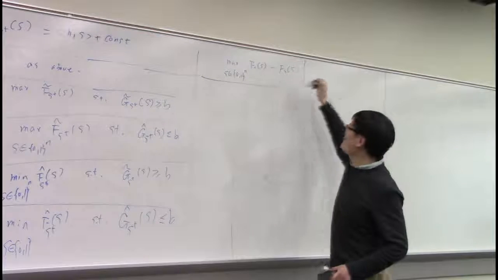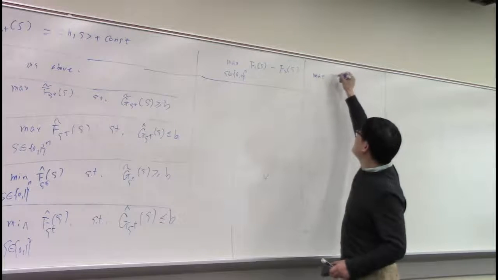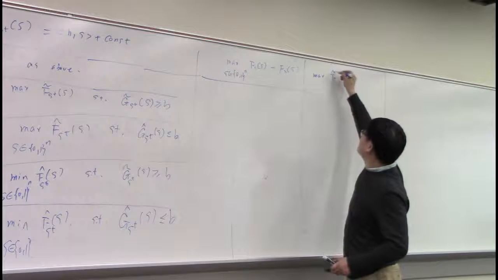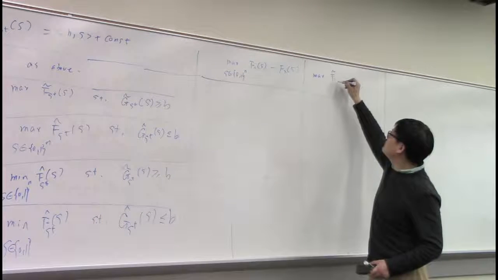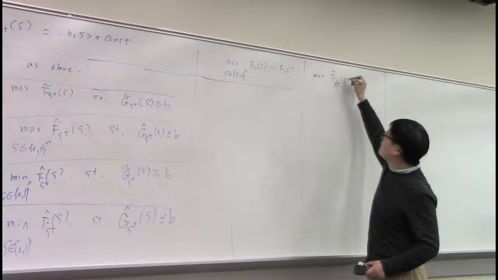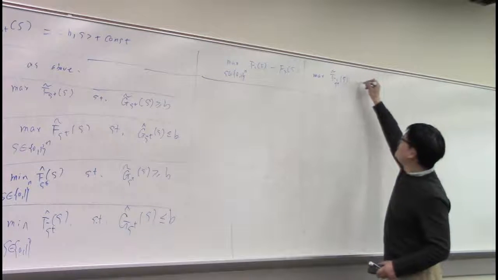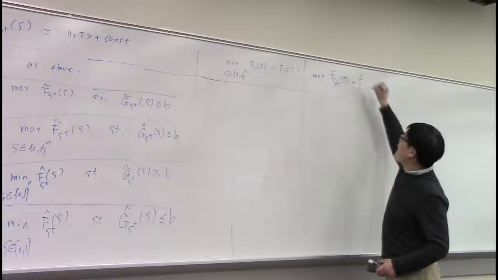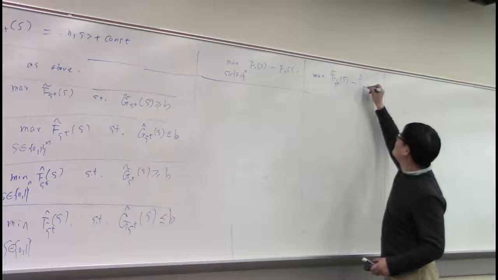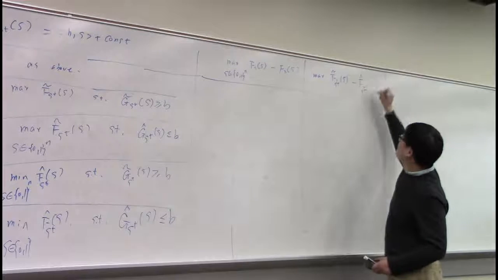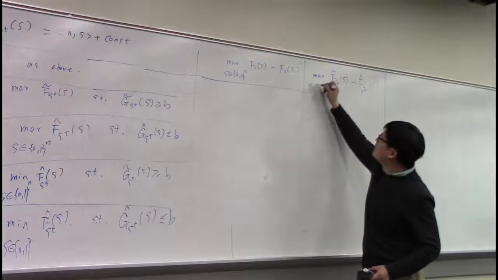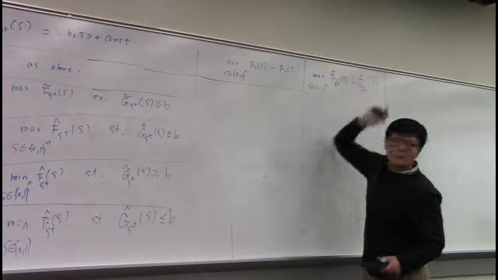So maximize f1, using its lower bound function, and then minimize f2, using its upper bound. Okay?